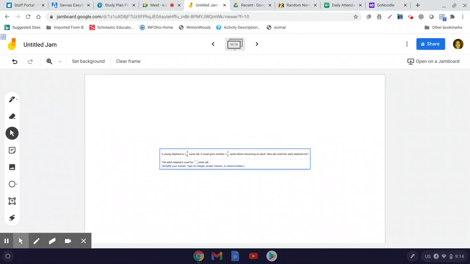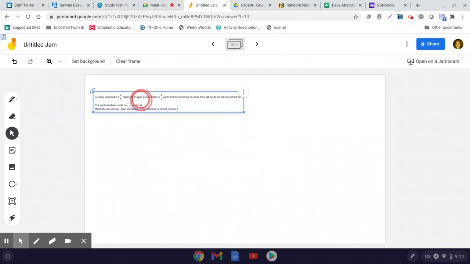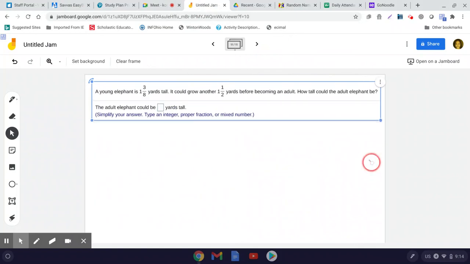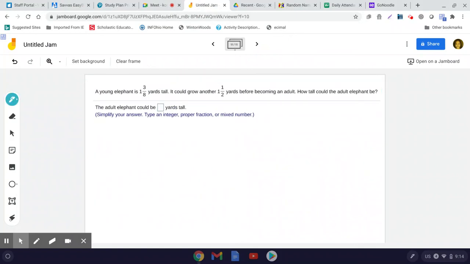The mixed number is where you have a whole number and a proper fraction together. I can do the first strategy, which is I can just line it up. It says a young elephant is 1 3/8 yards tall. It could grow another 1 1/2 yards before becoming an adult. How tall could the adult be? So this is an addition problem.